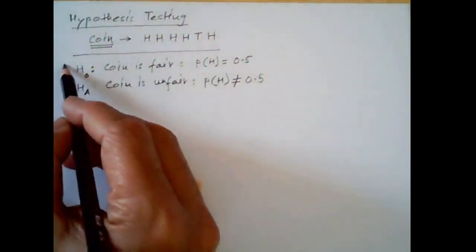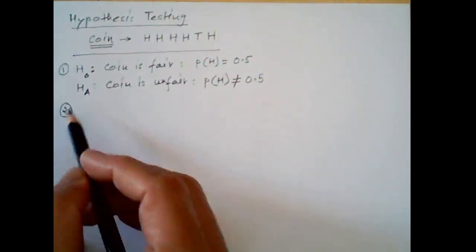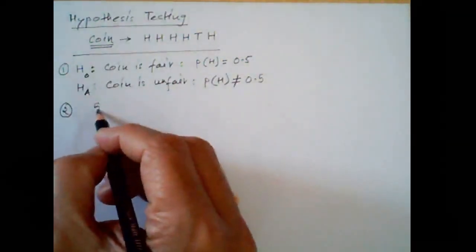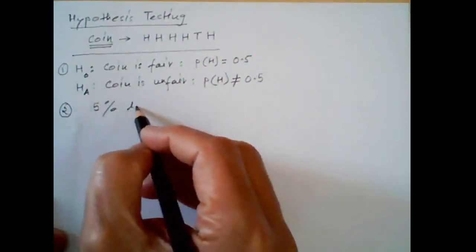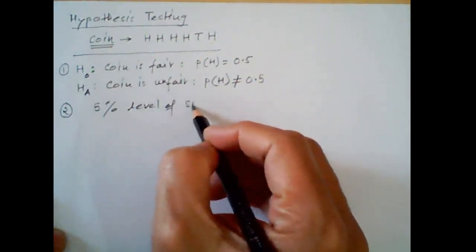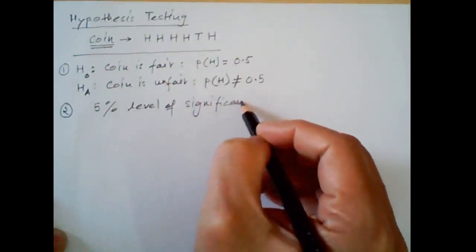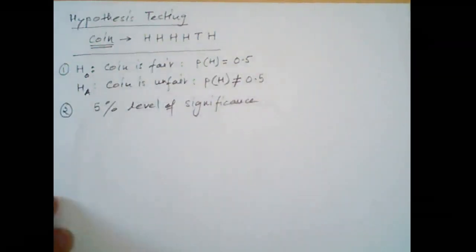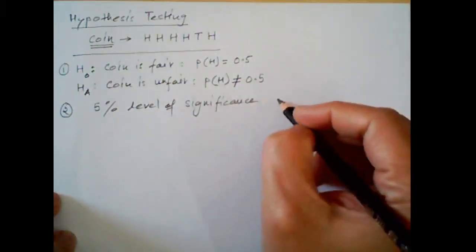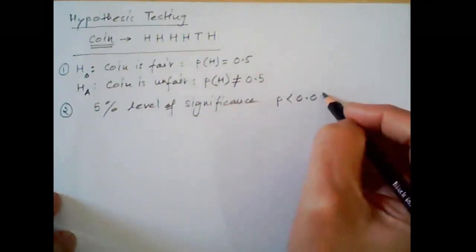The second step is to set our significance level. Let's say we are going to work at a 5% level of significance, meaning our threshold cutoff is p less than 0.05.